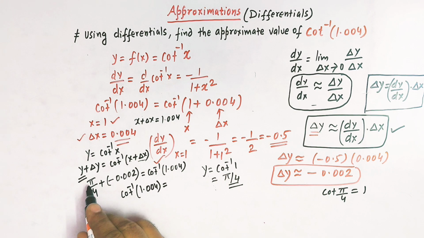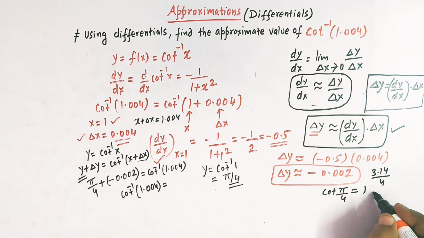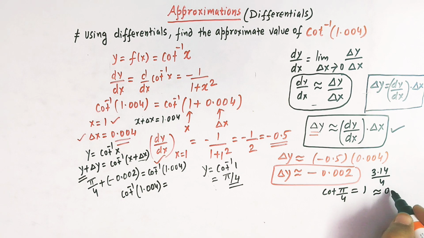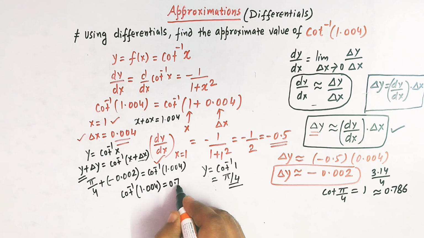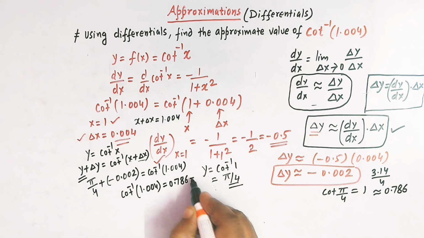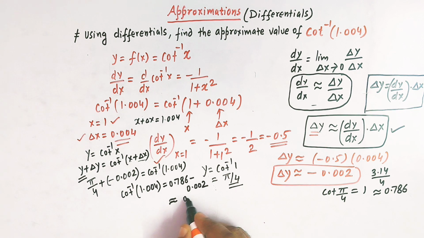Now pi is 3.14, so when we divide 3.14 by 4, we get approximately 0.786. So here we have 0.786 minus 0.002. When we subtract these two quantities, we get approximately 0.784.